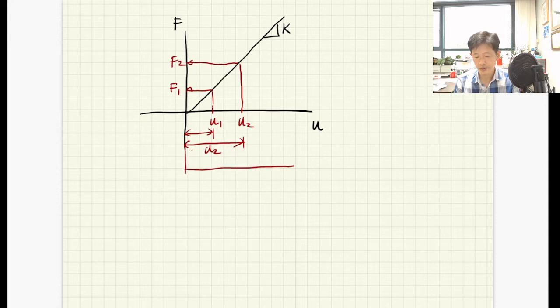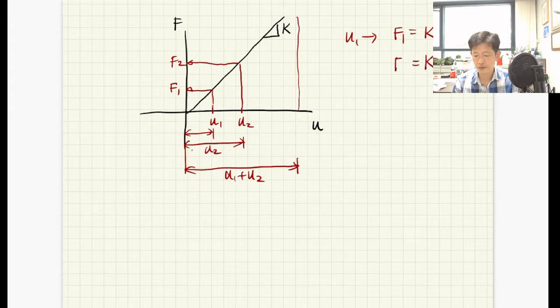If you consider U1 plus U2, then this is the question. So let's take a look. If you apply U1, then we can obtain F1, and F1 is stiffness times U1. And how about U2? Then K times U2 is equal to F2.